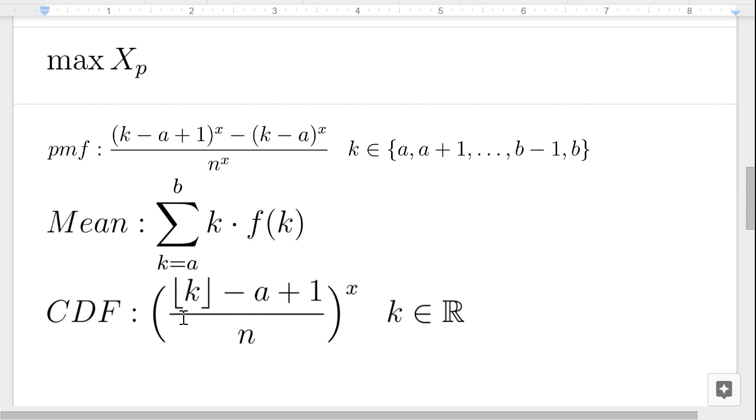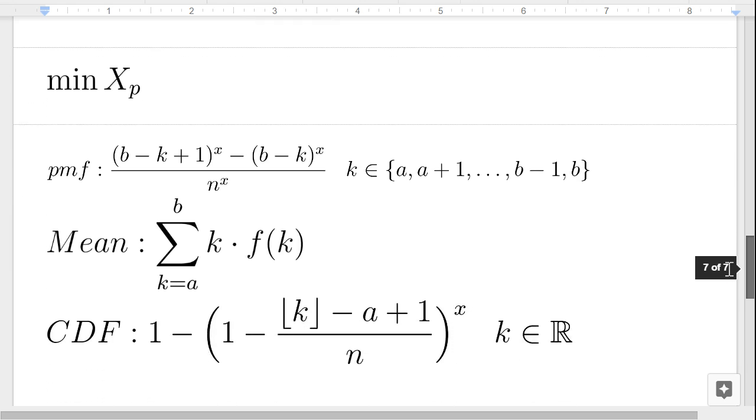Yeah, and that's not a characteristic that's unique to the uniform discrete distribution. It actually works regardless of what distribution you're working with. And I looked that up, and this is pretty nice.